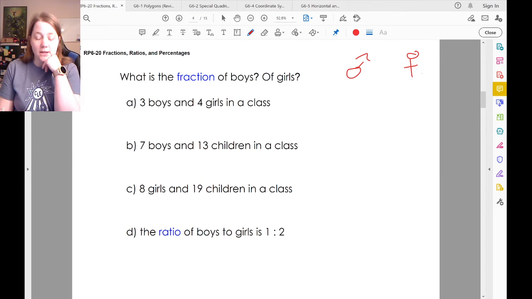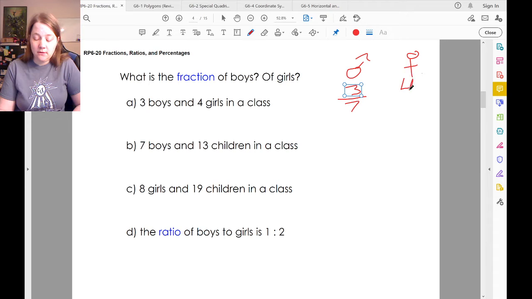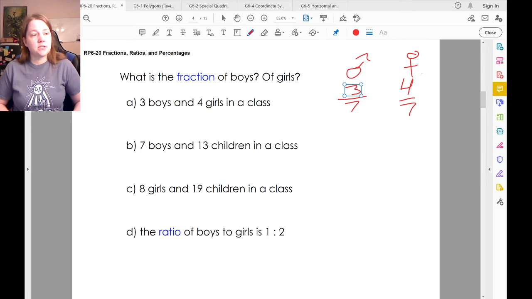So what would the fraction of boys be for letter A? Well, there are 3 boys. How many total people are there? If we assume that boys plus girls equals total, 3 plus 4 is 7. And for the girls, it would be 4 sevenths.